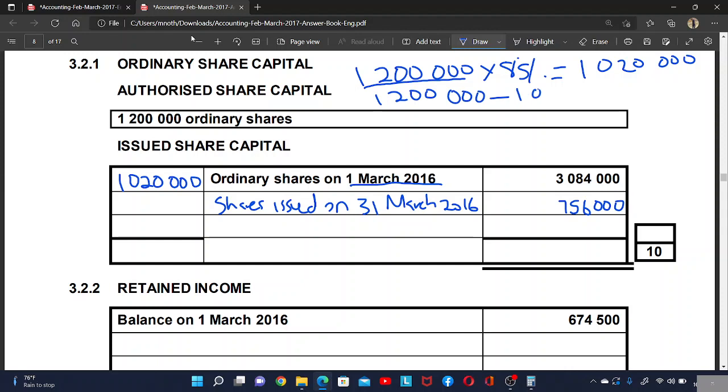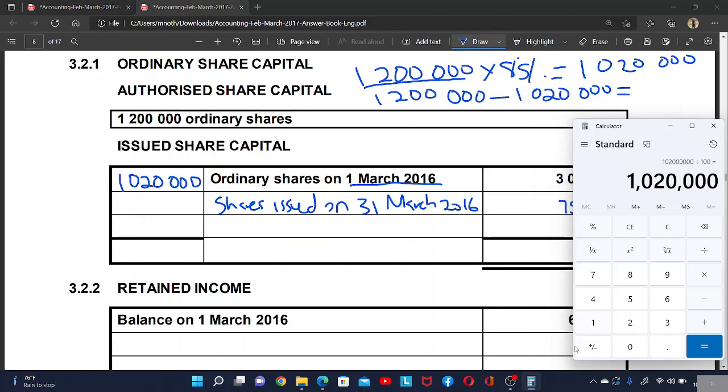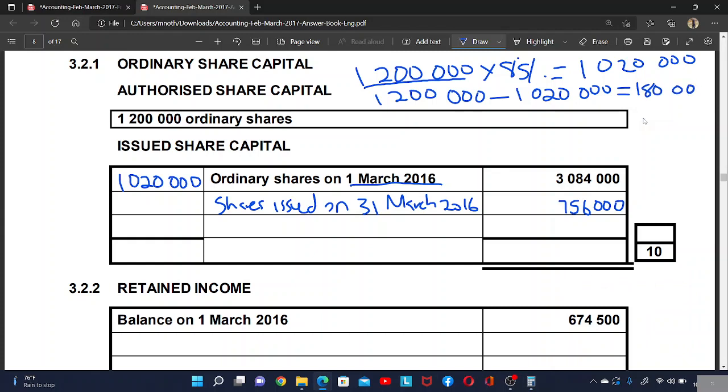So let's calculate the unissued shares, which is equal to 180,000. So at the beginning of the year, we issued 1,020,000 shares, and we were left with 180,000, but now we are told that we have issued those remaining ones.